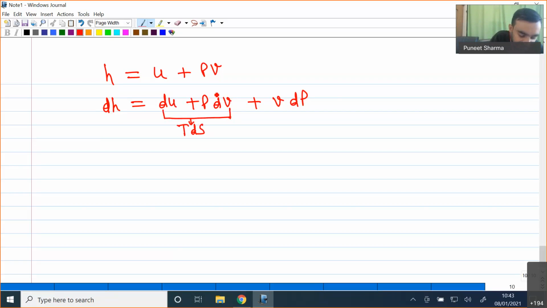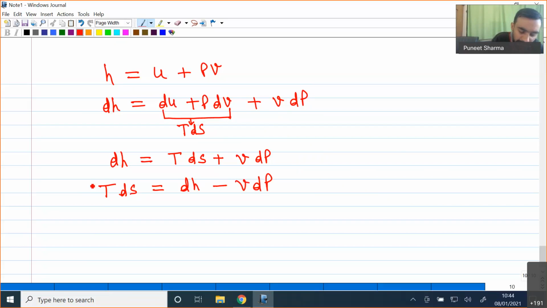So finally I can say that dH is equal to T into dS plus V into dP. From here, TdS is equal to dH minus V into dP.